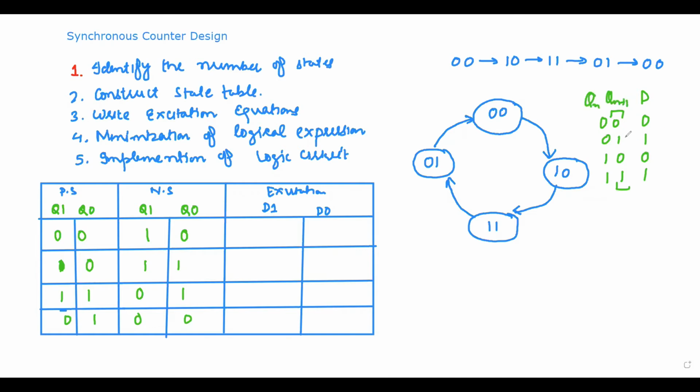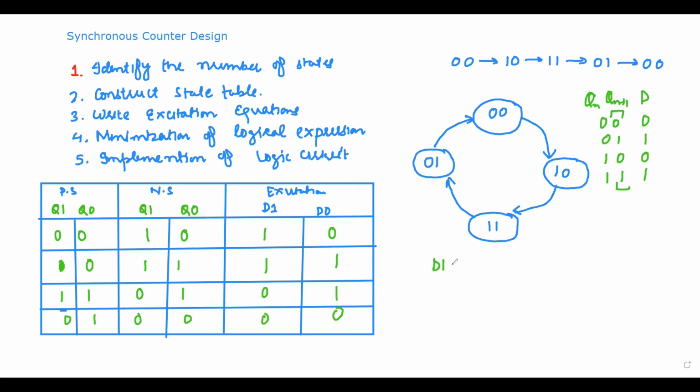Your present state is directly reflected at the output. Corresponding to this, D1 is 1 1 0 0, and D0 is 0 1 1 0. Now using K map, we will solve this and get the respective solution.